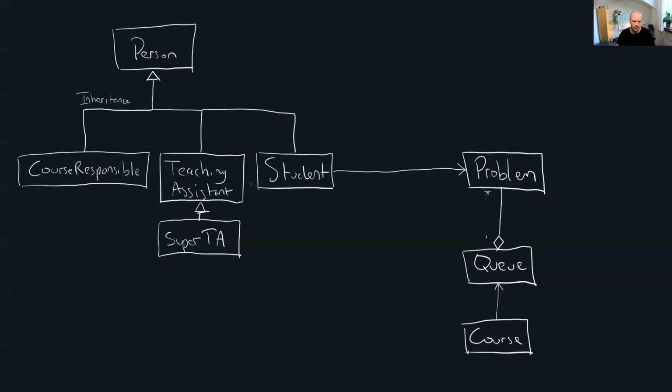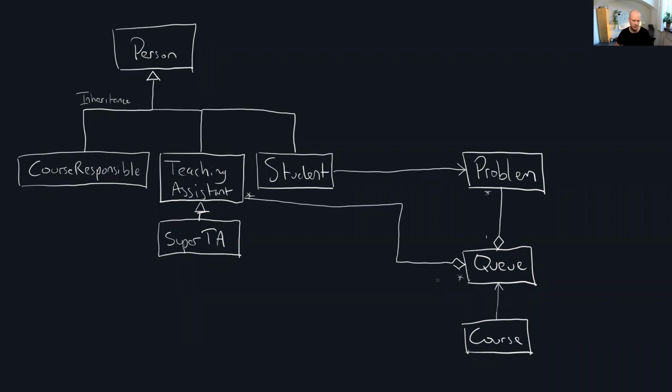Then all the TAs: when I think about this, there could be multiple TAs managing a queue. There's not just one. So one queue could have multiple TAs, but multiple TAs might be on multiple queues in different courses. So I'm not entirely sure about that.